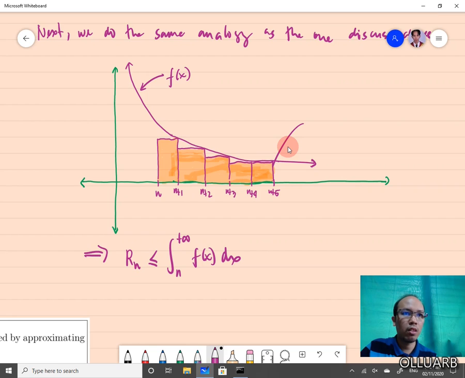What they call this one, the area estimation.